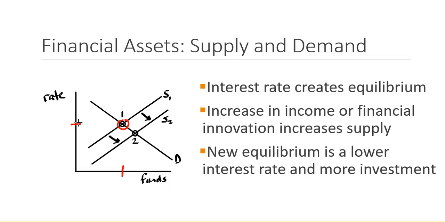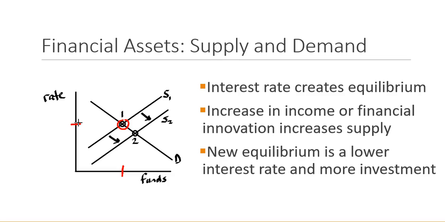That interest rate and that funds level matches the demand of funds by individuals and companies and the supply of funds by lenders. The individuals and companies want as low of a rate as possible. The lenders want as high of a rate as possible. This is the equilibrium rate.